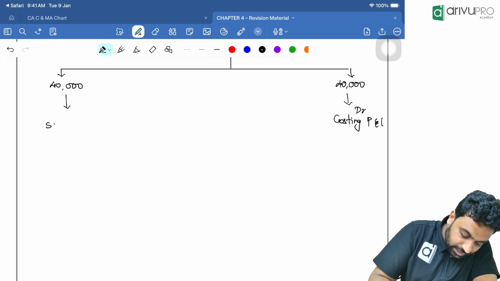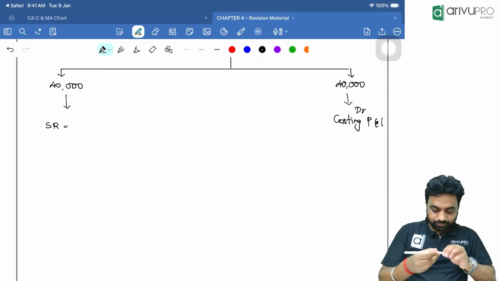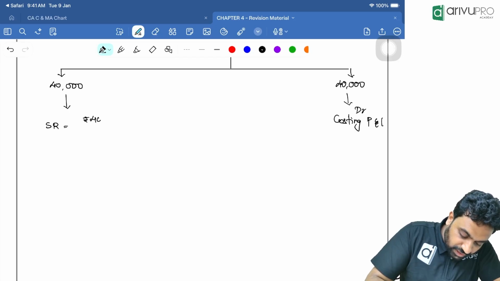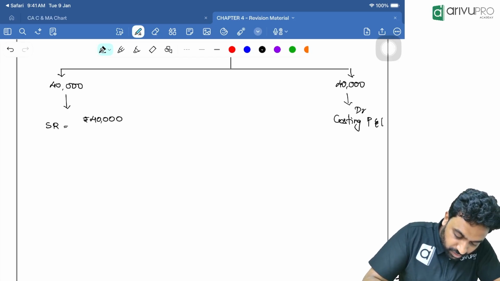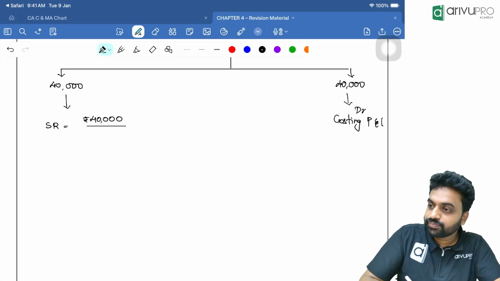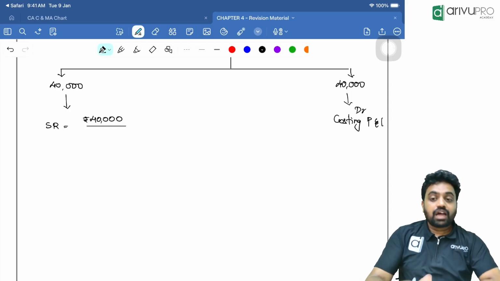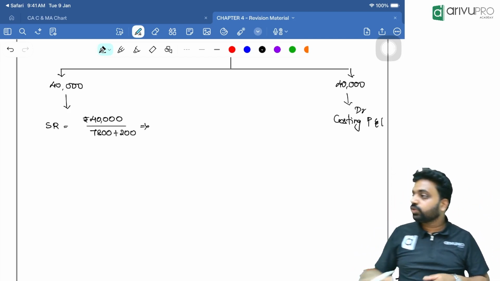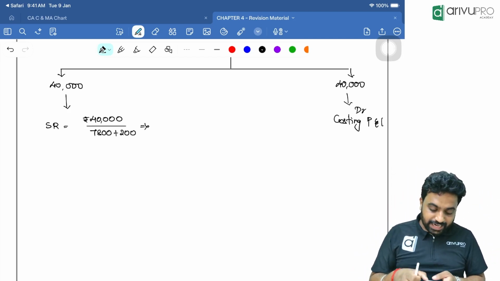Right? The supplementary rate shall be 40,000, the under absorbed amount, divided by how many units we actually produced, 7,800, plus how many equivalent units of WIP are still in production which consume the resource, 200, total 8,000.